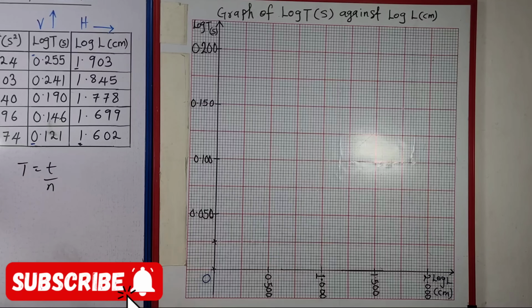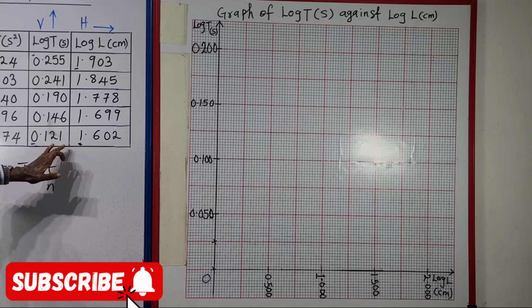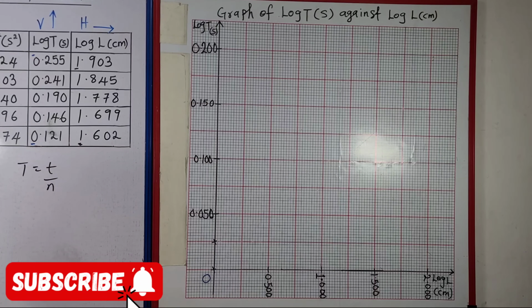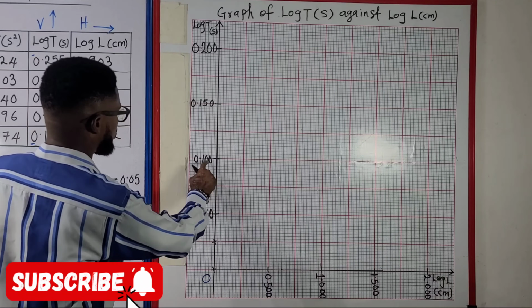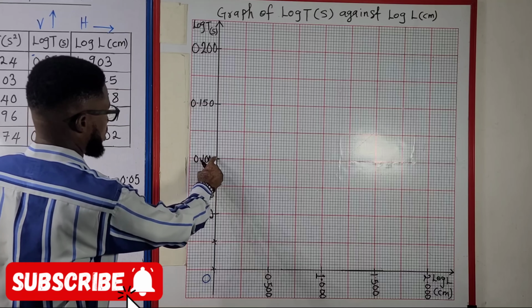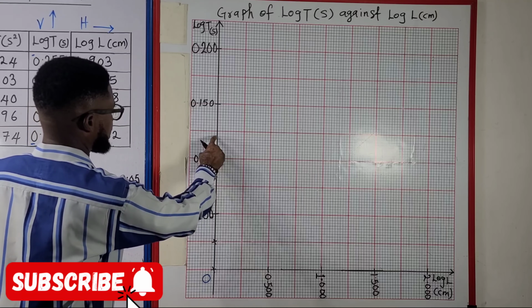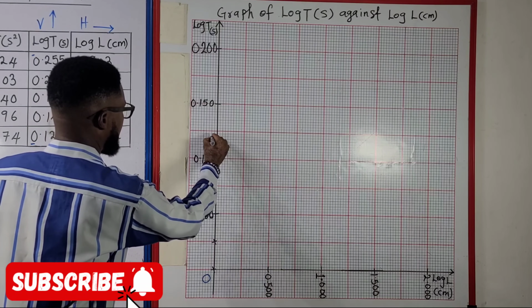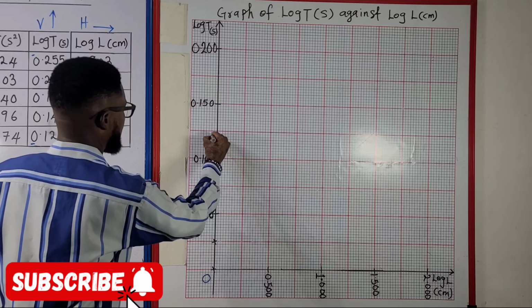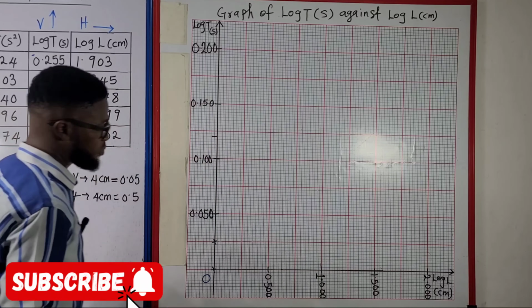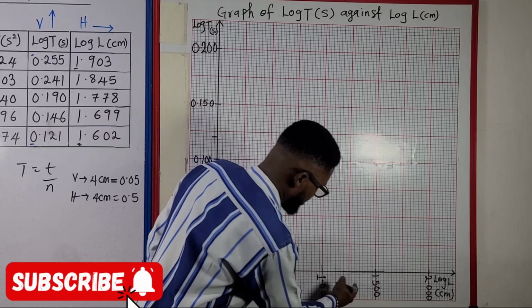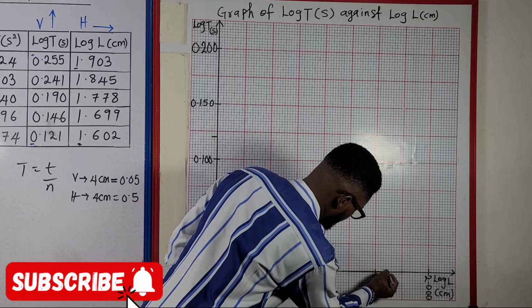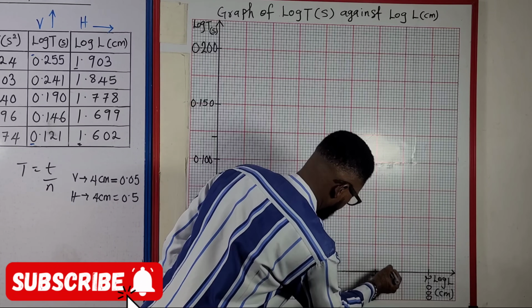So let's get into plotting, taking the points. Let me start from the lowest, 0.121, then 1.602. If this is 0.1, then 1, 2, 3, 4, 5, 6, 7, 8, this is where I'm going to have my 0.121. Then 1.602, I'm going to have that around here.